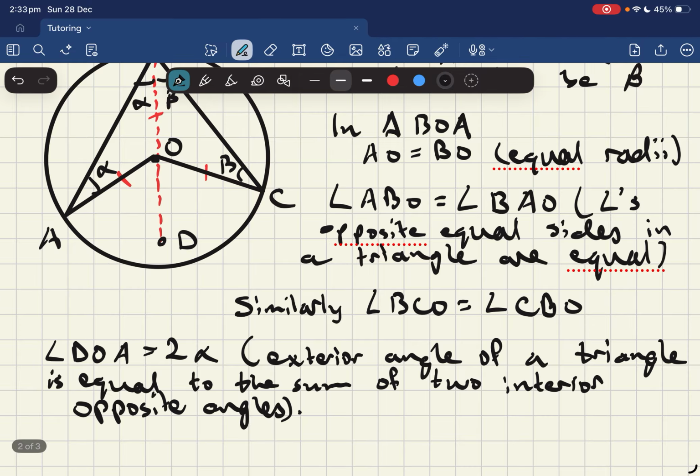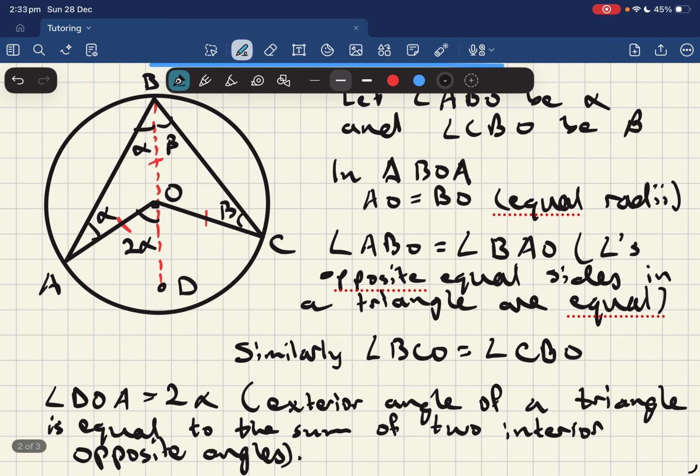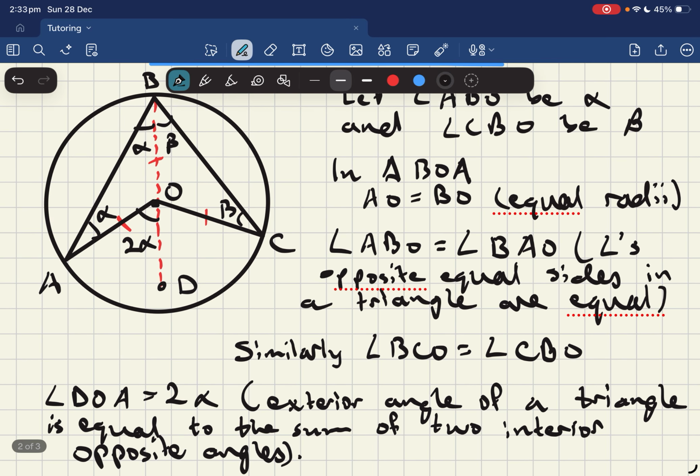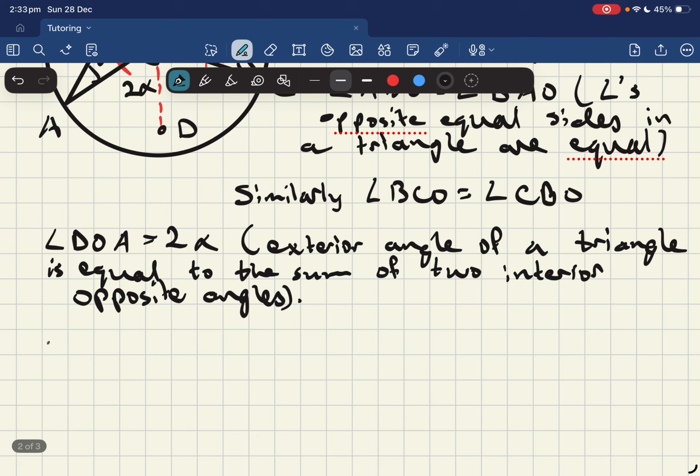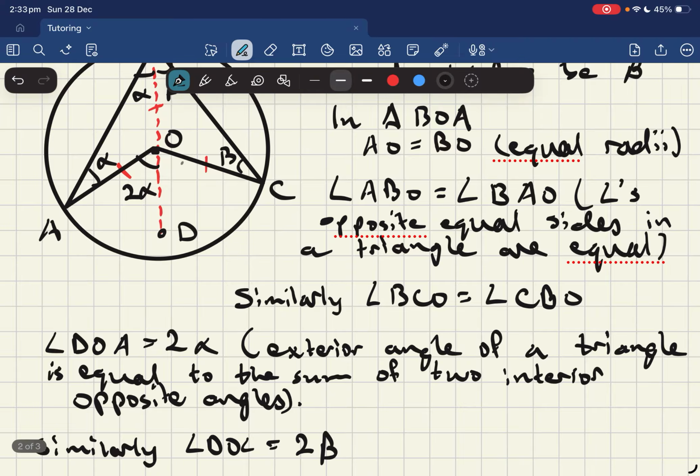Good, okay, so with that in mind, we can now call this angle 2 alpha. Also, we can say the same thing for this angle DOC. We can say, similarly, angle DOC equals 2 beta. So we can label this guy 2 beta.